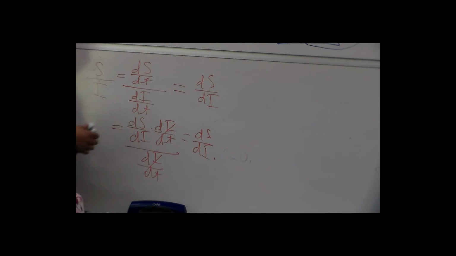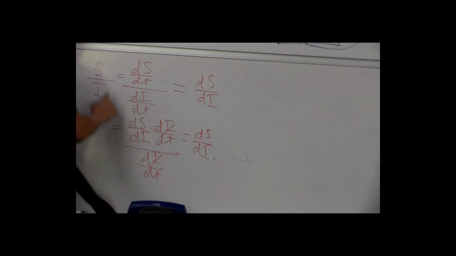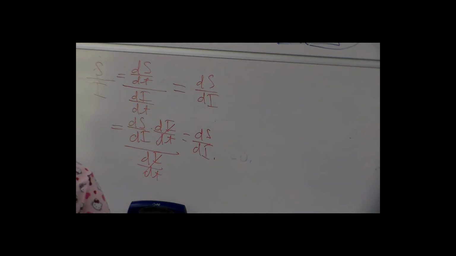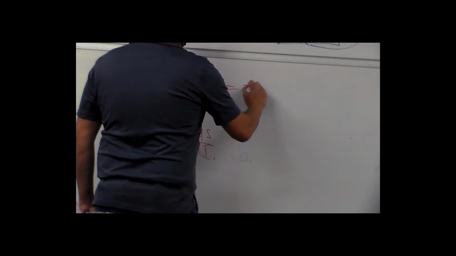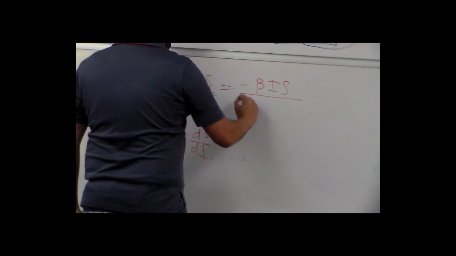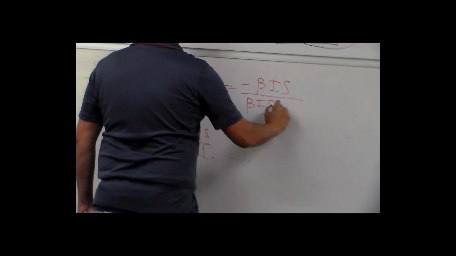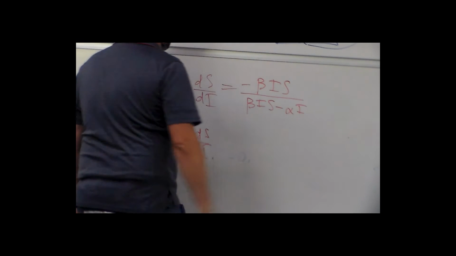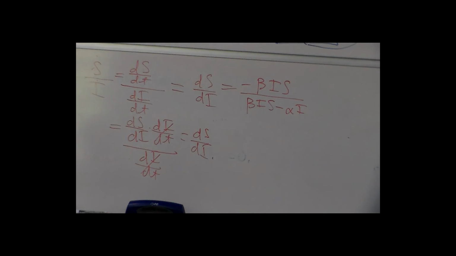Okay? All right, so anyway, ds di is s dot divided by I dot. So I'm going to write out what that means. So this is negative beta s I divided by beta s I minus alpha I. Okay? Why is this helpful?